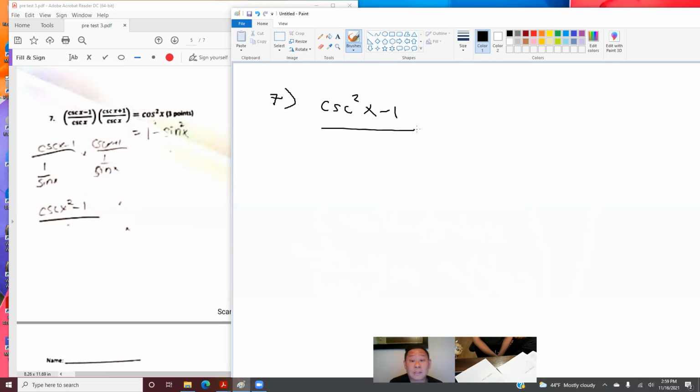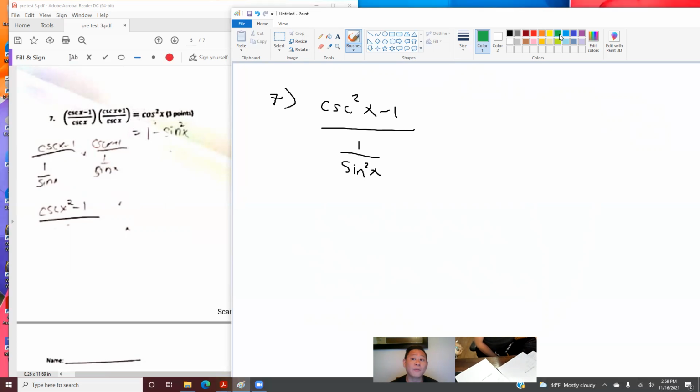You're doing it the right way. So can you tell me what happens in the denominator here? You times it by sines. So what you get? Sine x squared. 1 over sine squared x. Yeah.